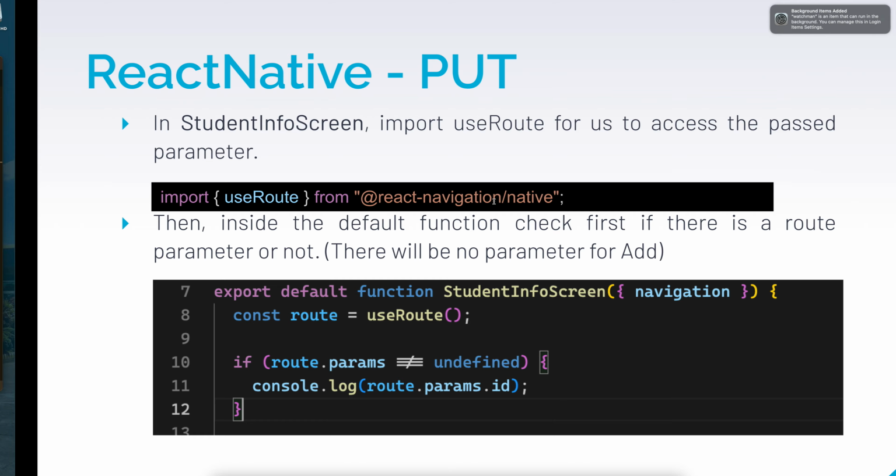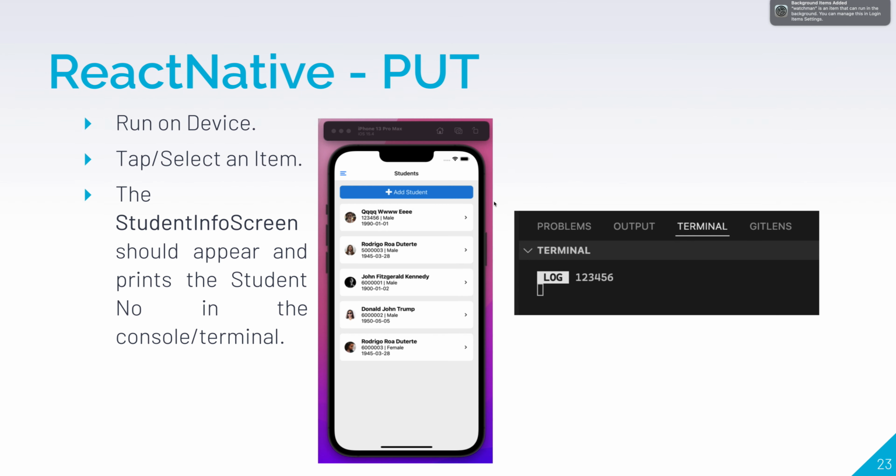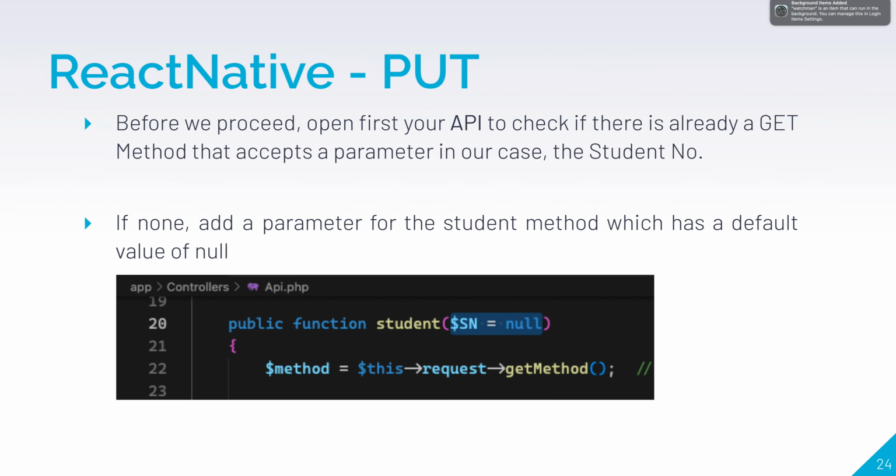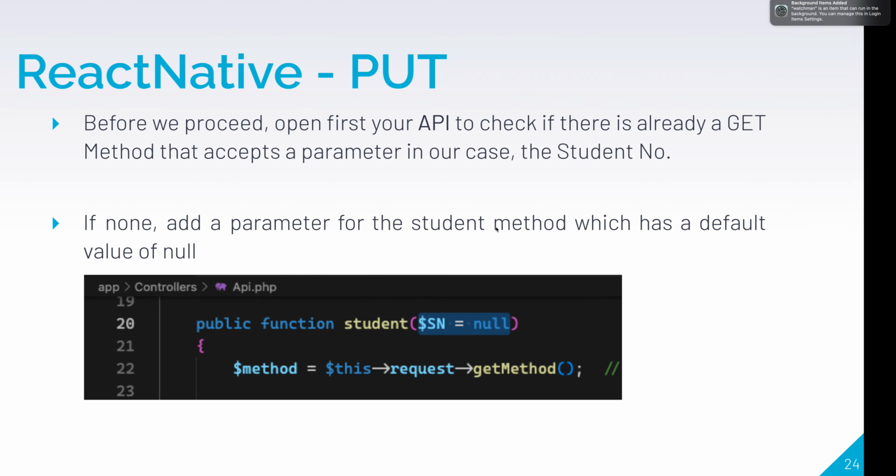So instead of just printing the student number, we have to get the value of the student information using the student number. So before we proceed, open first your API to check if there is already a get method that accepts a parameter. So in our case, the student number. So if none, add a parameter for the student method which has a default value of null.